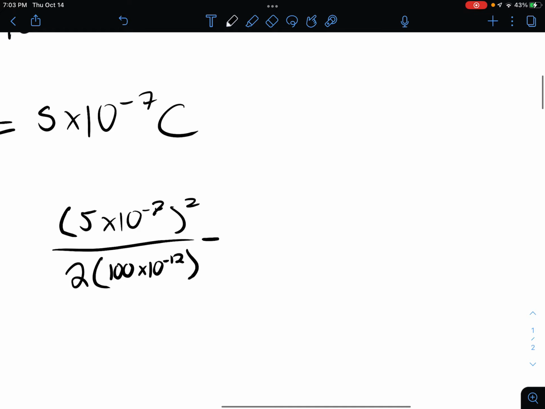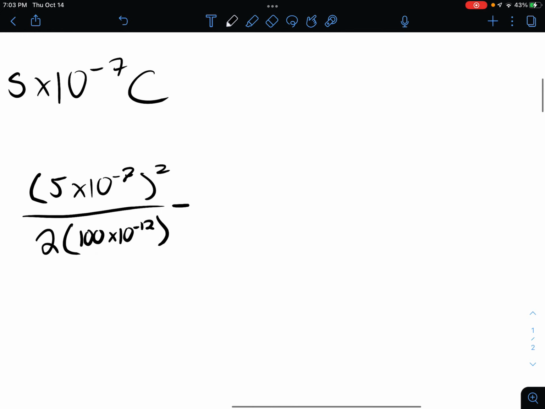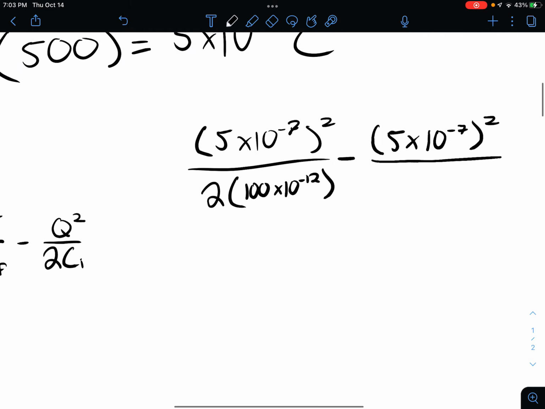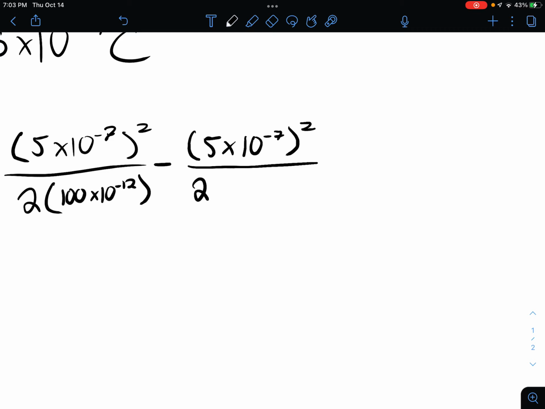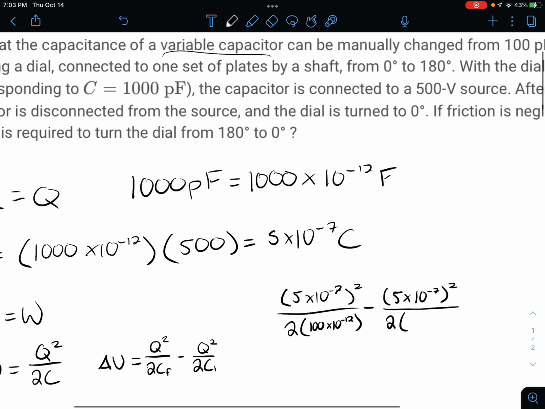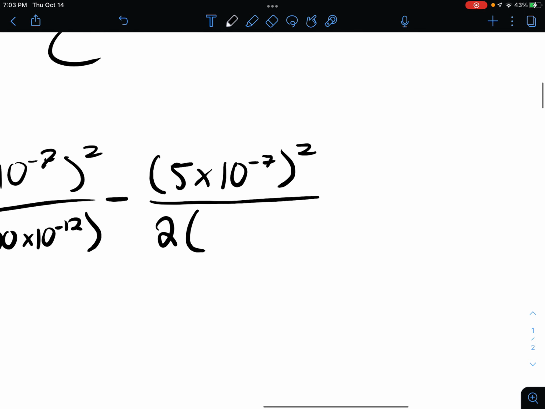And we're subtracting, again, our second part, which is just going to be 5 times 10 to the negative 7th squared, because again, it's the same charge, divided by 2 times the capacitance that we started with, which we were given before was the 1,000 times 10 to the negative 12th, right?